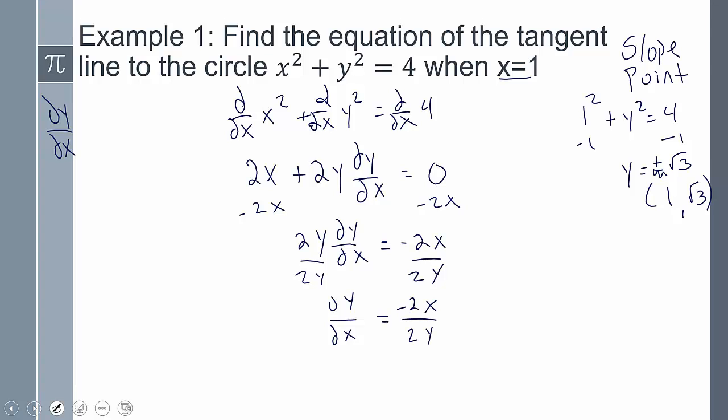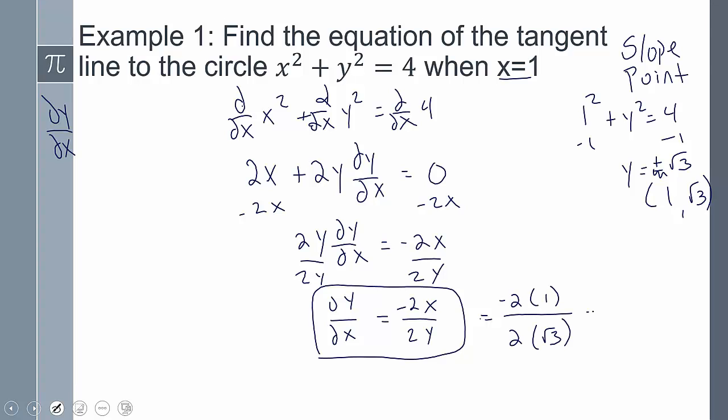Now, this equation here, that represents my derivative. So the value for x and y at that particular position is going to give me the slope. So that's going to be negative 2 times 1 over 2 times radical 3. And so here, the 2's are going to cancel out, so I get negative 1 over root 3, which is the same as negative root 3 over 3.